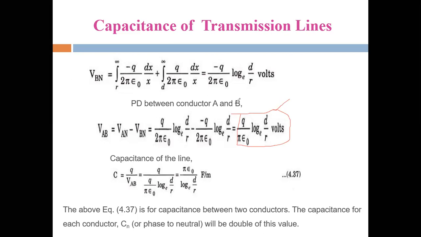Next we calculate the capacitance of a line. What is the definition of capacitance? How do we calculate it? It is Q by VAB, the ratio of charge to the potential difference.